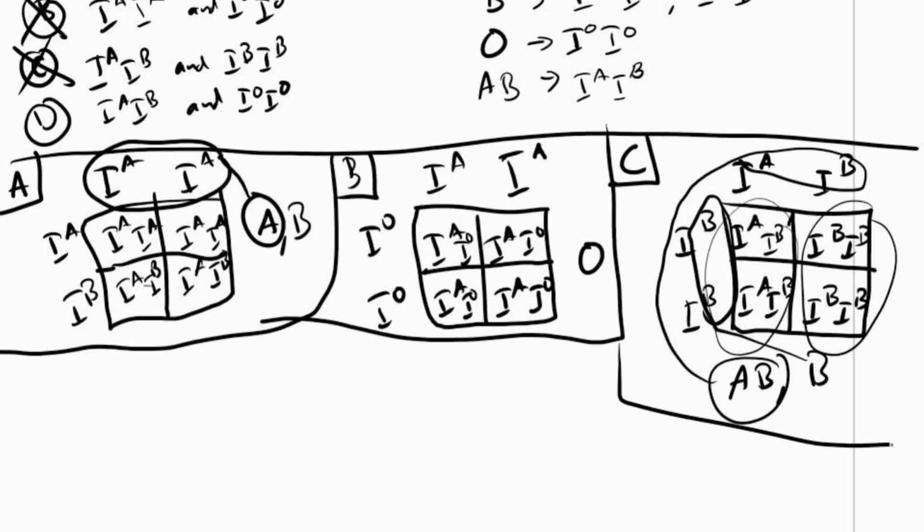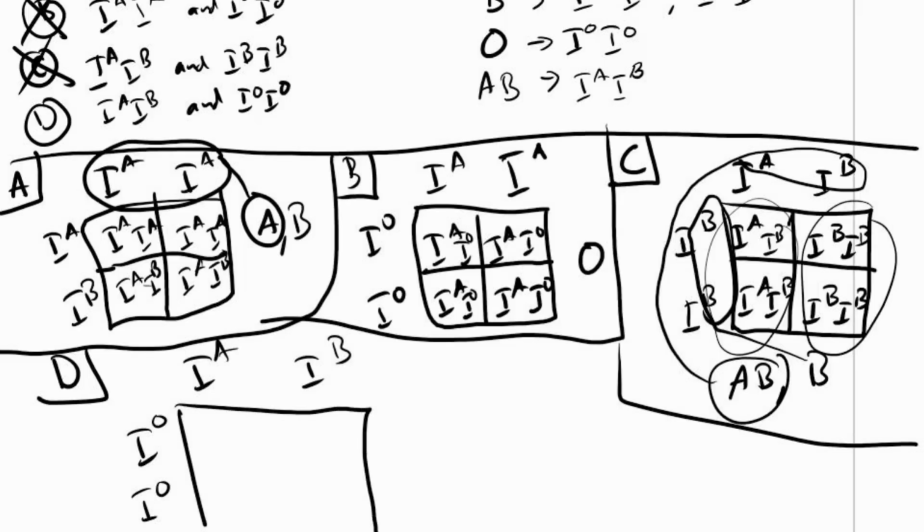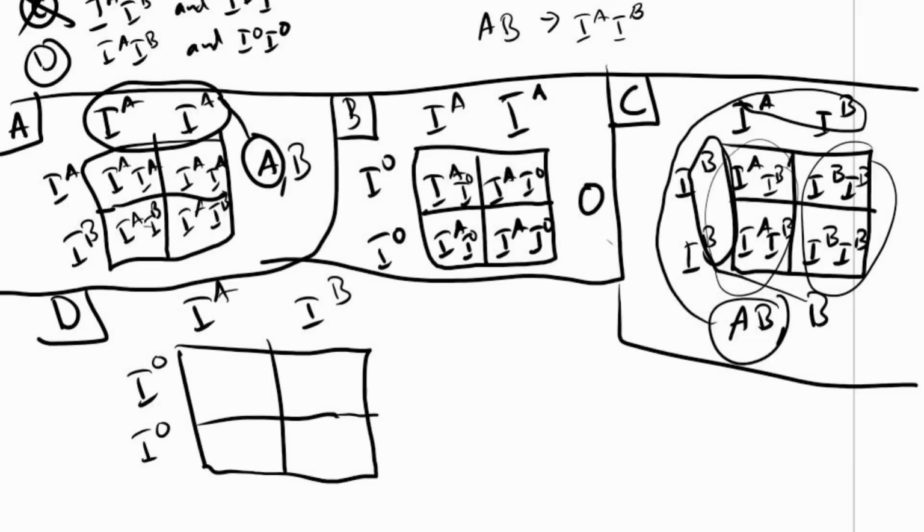All right, so D. Let's do IA IB by IO IO. We have IA IO, IB IO, IA IO, IB IO.